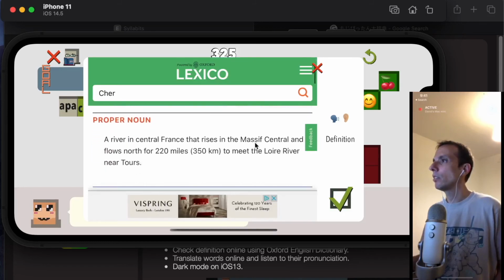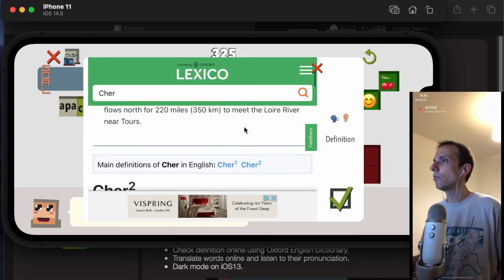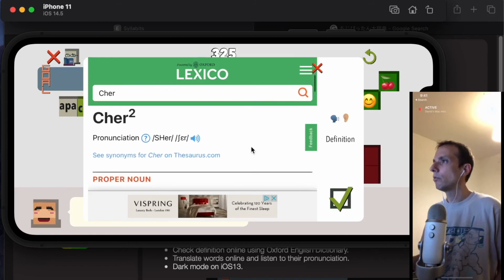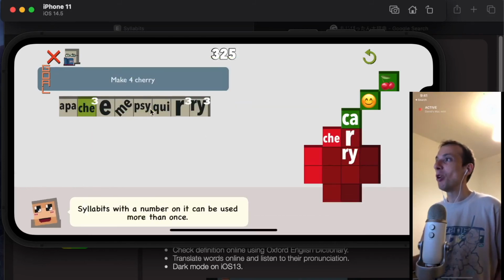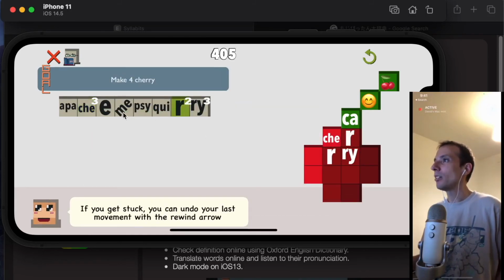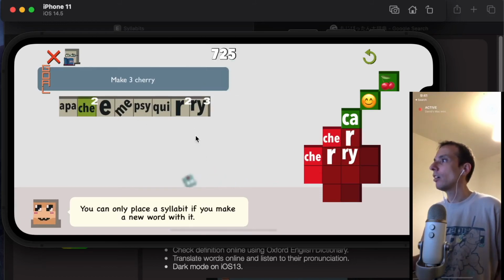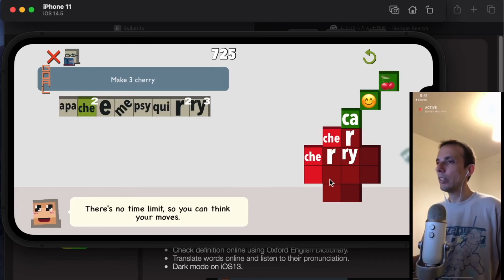Chair. A river. Wow. U.S. actress. What? Well, that's in the dictionary. I'm confused. Well. Right. So I could make the cherry. Well, I think I'm doomed, right? Because I'm not gonna be able to put the 4 cherries in there.